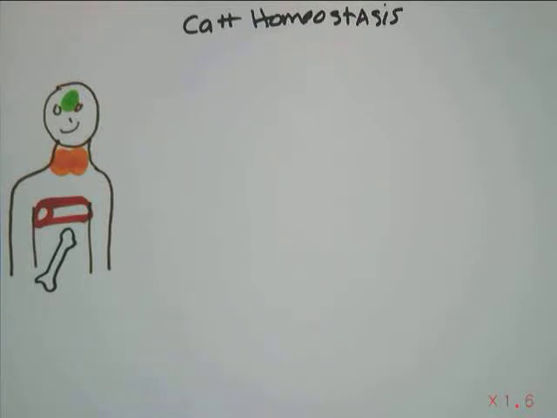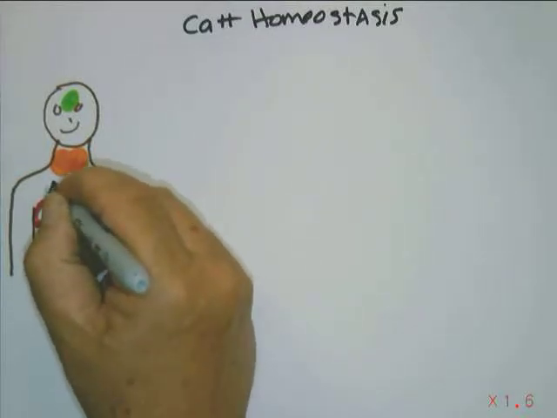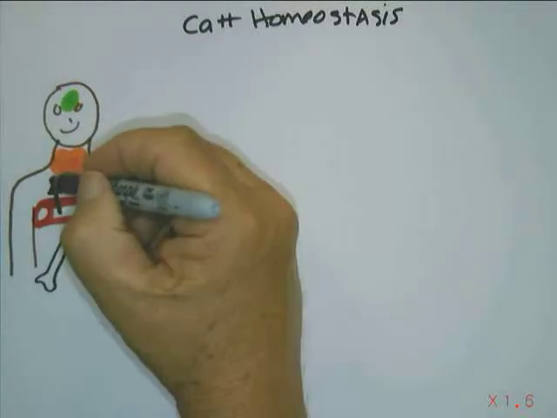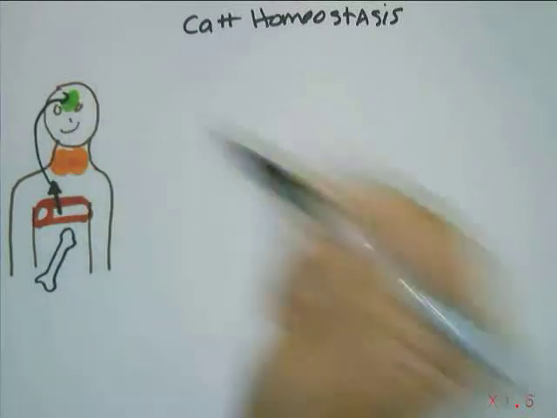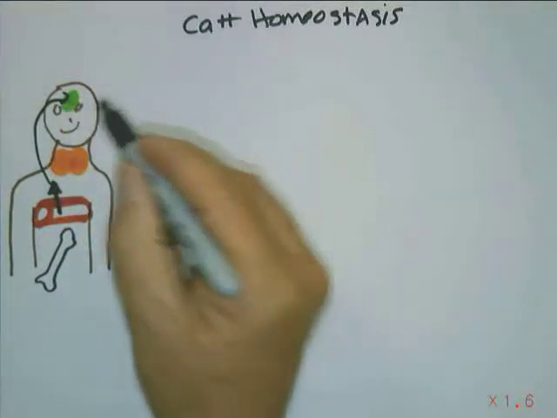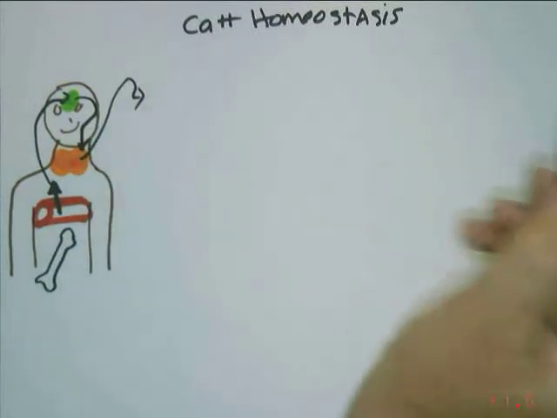Let's begin. Let's say there is too much calcium in the blood supply. Because of that level, the hypothalamus, which continually measures the level of calcium in the blood supply, will send a message to the thyroid gland and activate it.